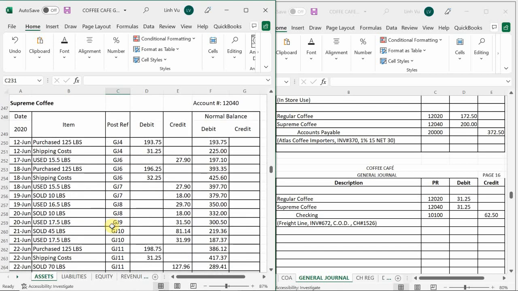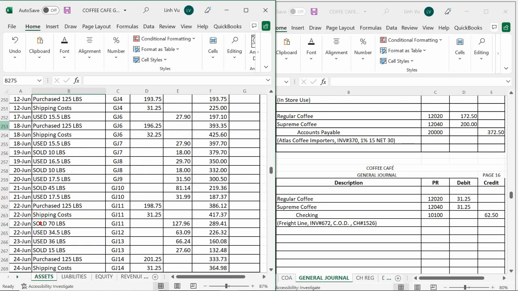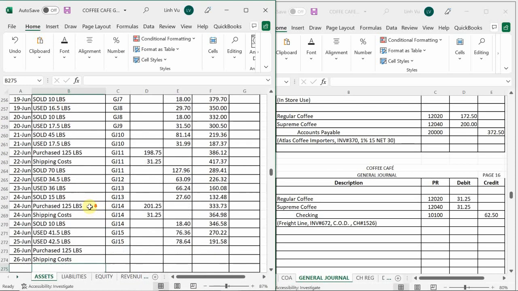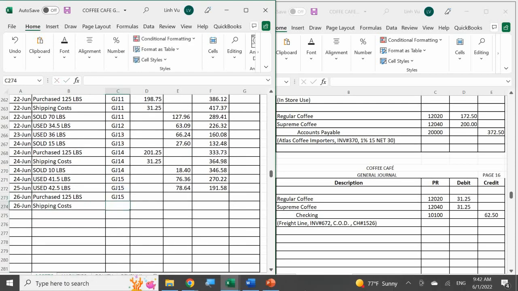Then for my Supreme coffee, I purchased 125 pounds. I also incurred some delivery charges, for $200 even, plus $31.25 for the shipping.